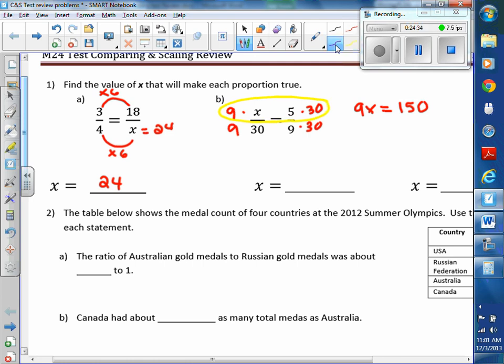Okay, so we're really just looking at that, which is basically a division problem, right? Because I want to figure out how many times does 9 go into 150. So I'm going to just divide 150 by 9. So remember, fraction bars mean divide. So if I do 150 by 9, 9 goes into 15 once. What's the remainder? 6, right? 9 goes into 60, 6 times.